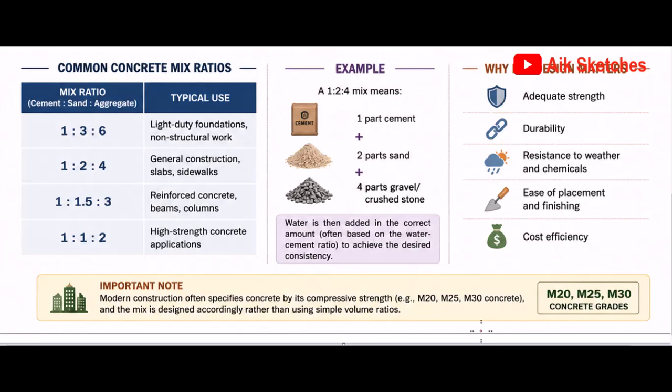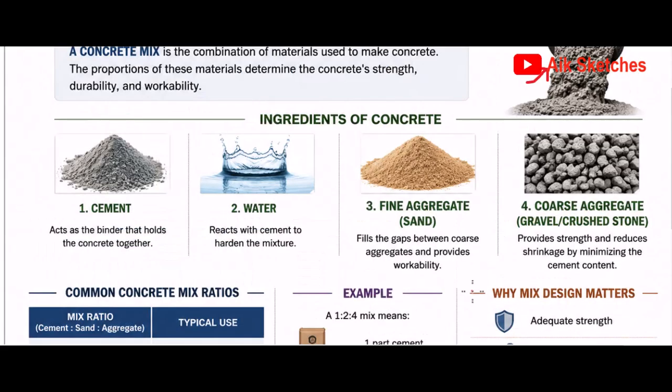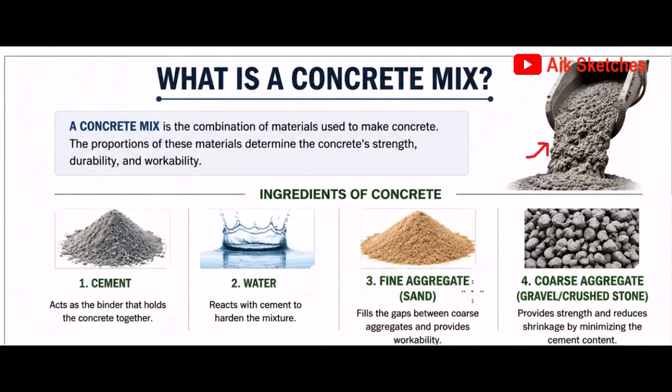Example: M20, M25, M30 concrete. We have different kinds of concrete: M20, M25, M30, etc. And the mix is designed accordingly rather than using simple volume ratios.